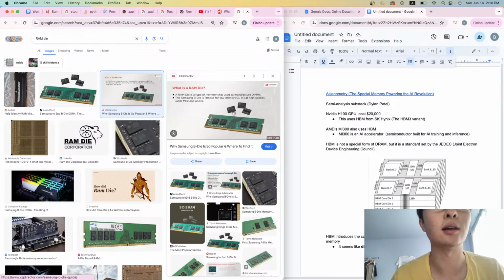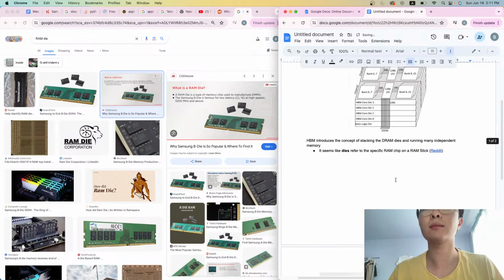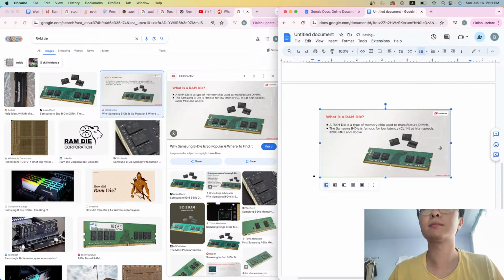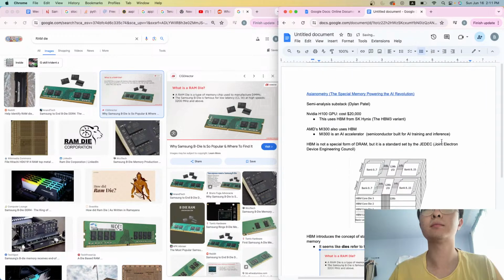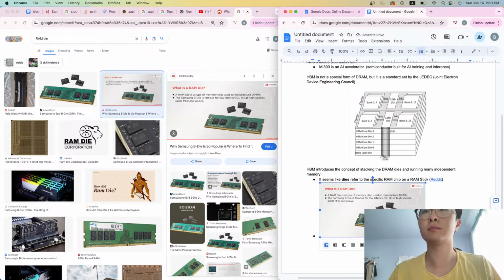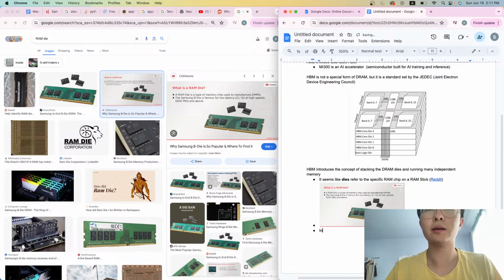So I guess these black squares on what you could call a stick of RAM are the RAM die itself. In this picture, the big green thing is the RAM stick, and the small black chips are the RAM dies.